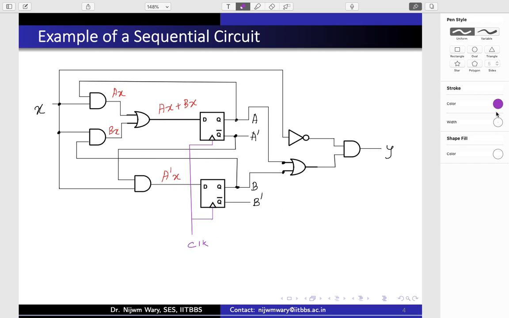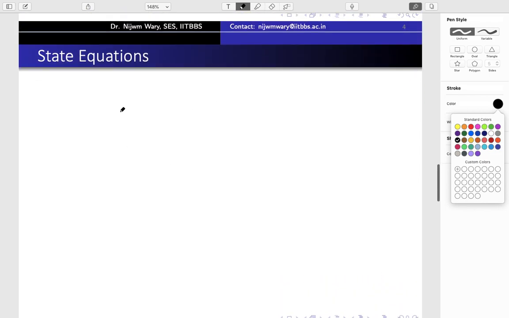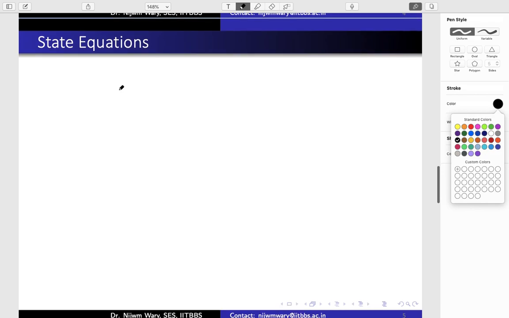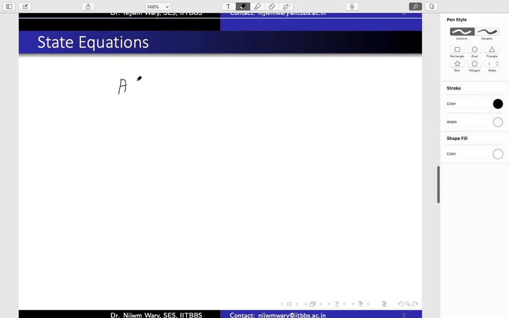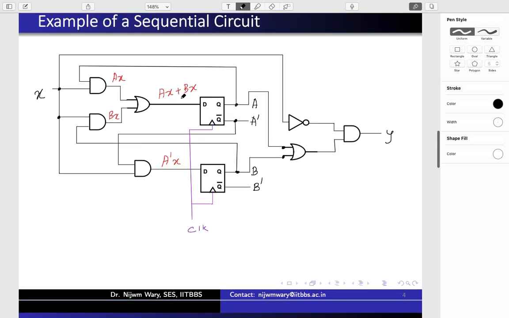So let's start writing my state equations. I can write this A(t+1) as AX plus BX, so it is basically A(t) X(t) plus B(t) X(t).